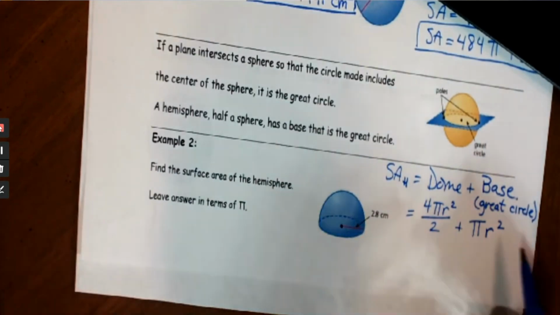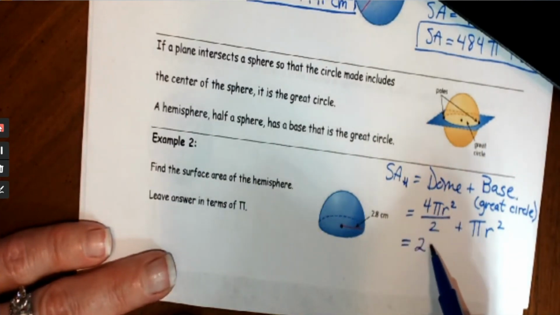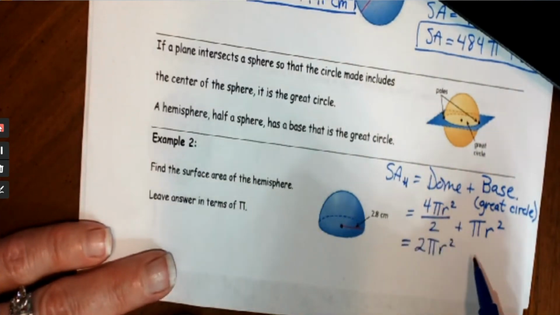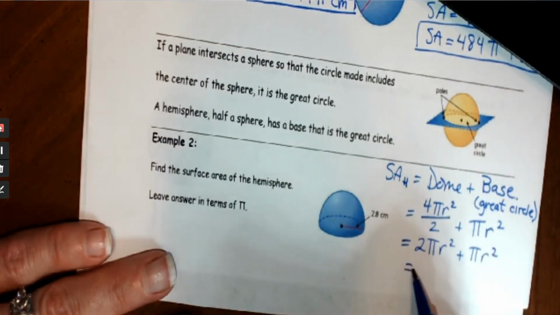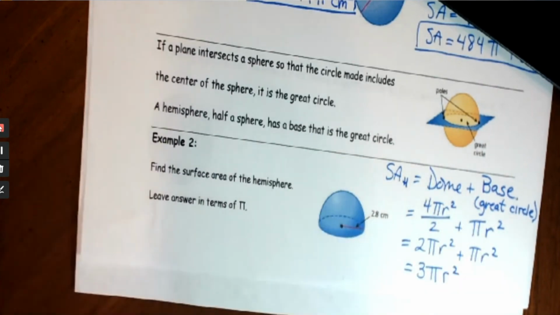So when we look at this and simplify, we see that 4 pi r squared divided by 2 simplifies to 2 pi r squared, plus the 1 pi r squared, that's the great circle. So the area of a hemisphere can be found by doing 3 pi r squared.